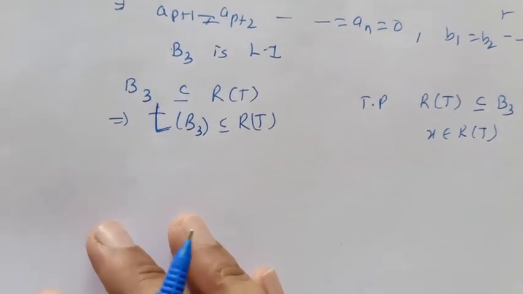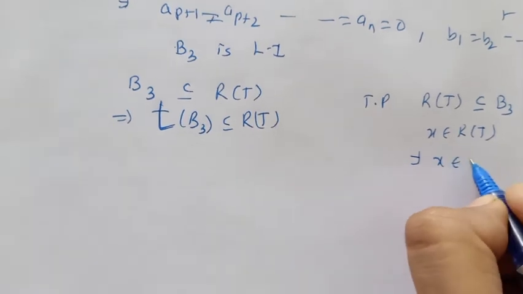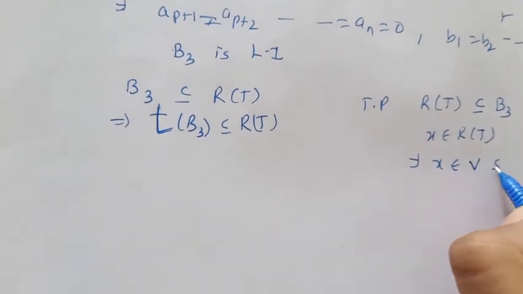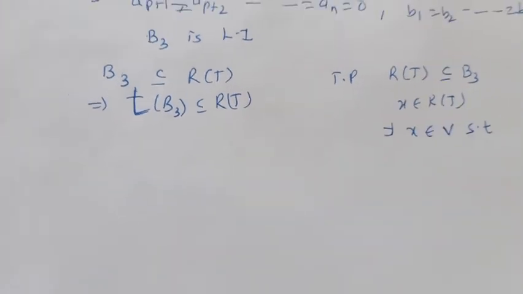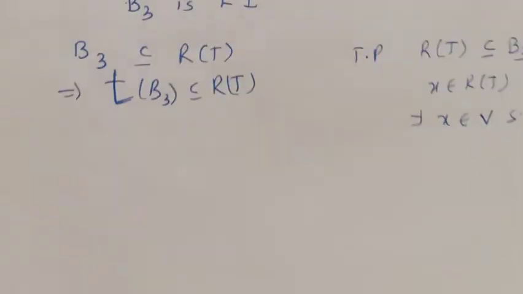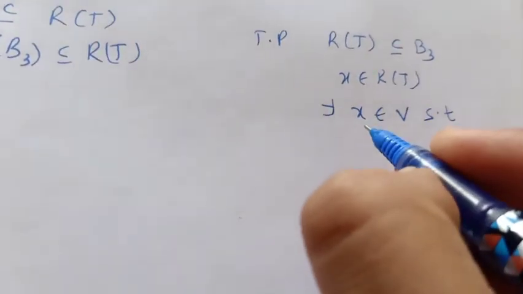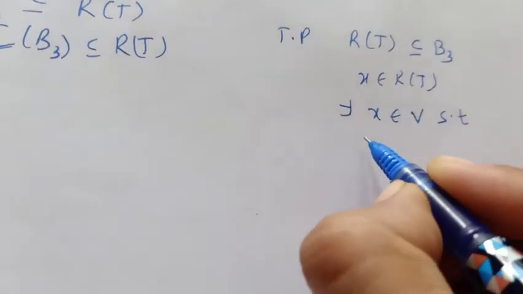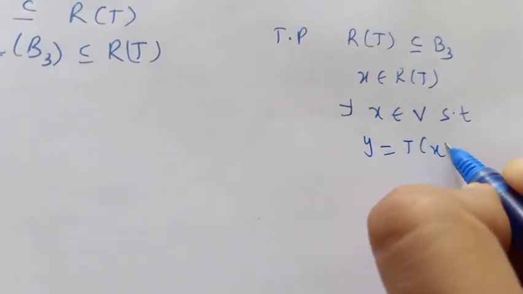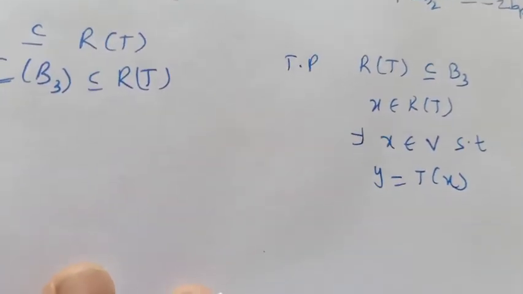It means there is an x in V such that y = T(x). What is the definition of range set? It is the collection of all those elements which are images under T. Only then will this y belong to the range of T.